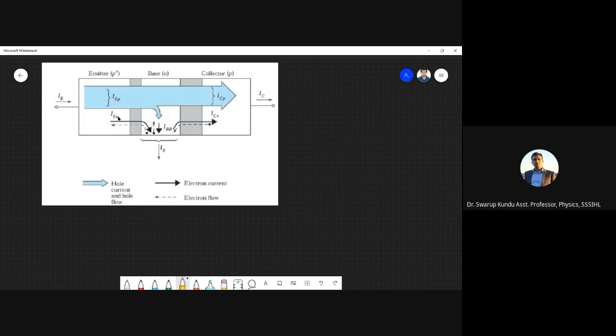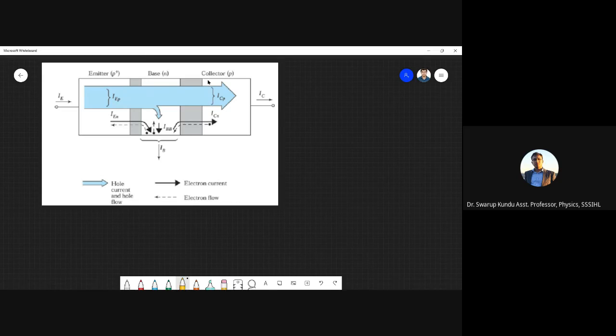But there will be some amount of current flow because of this electron injection from base to emitter. So we are just talking about this junction alone, the emitter and base junction, right? They are in forward bias.